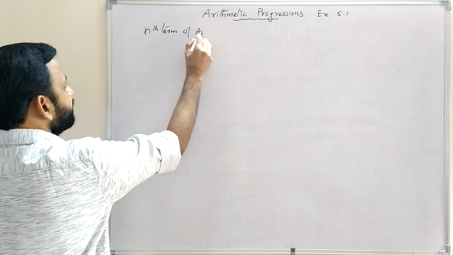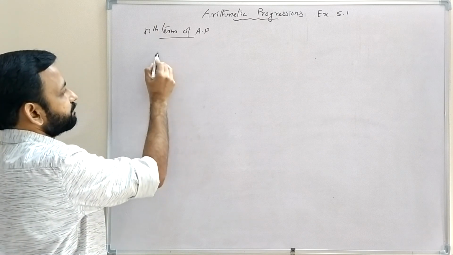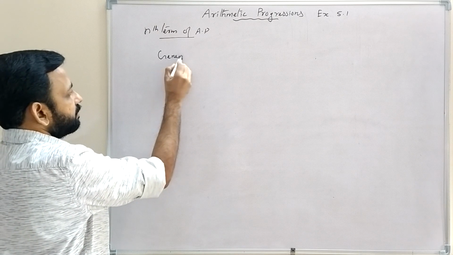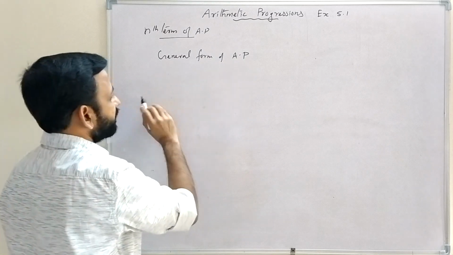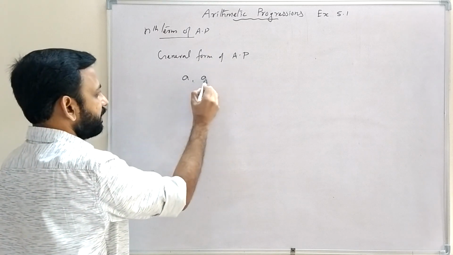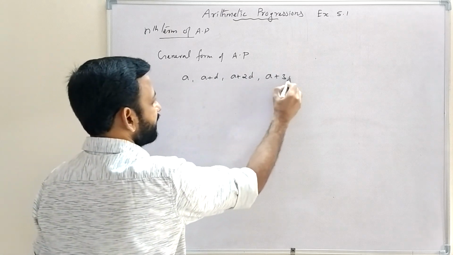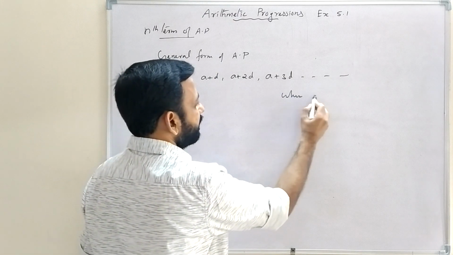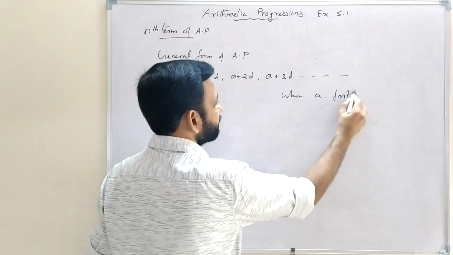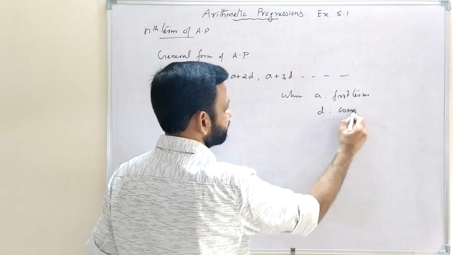So the general form of AP, arithmetic progression, is a, a plus d, a plus 2d, a plus 3d, etc., going on like that, where a is the first term and d is the common difference.